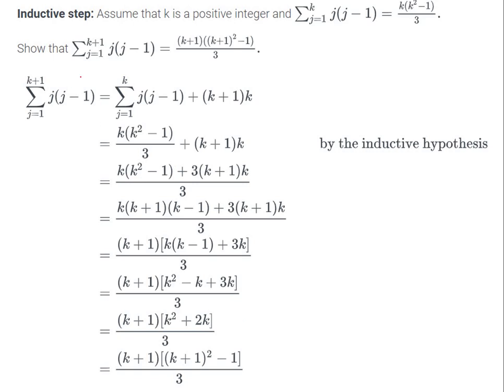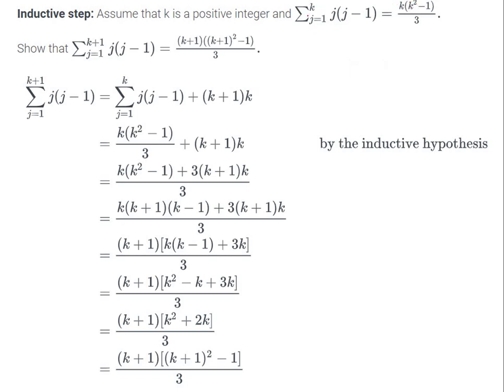Now, again, the inductive step is tricky, right? It involves some subtle steps and then some algebra also. So again, we say that our statement, our mathematical theorem, is true for n equals k, right? So we replace n with k in the equation that is given.